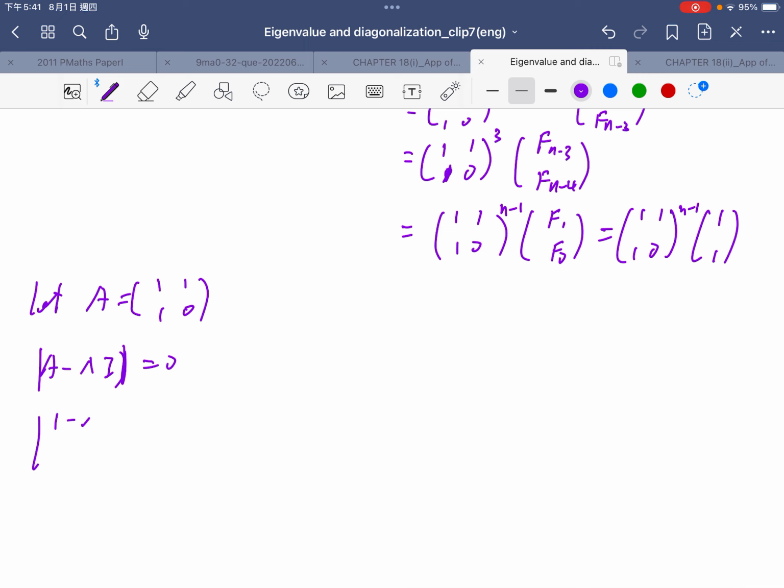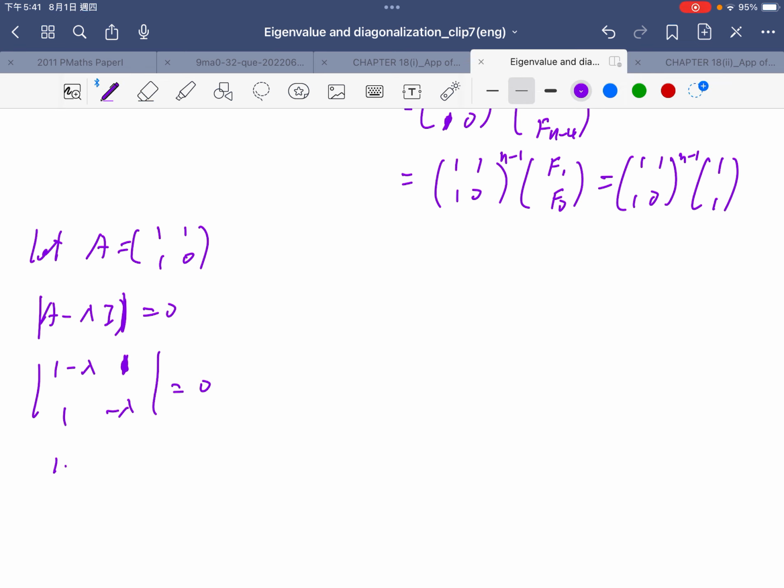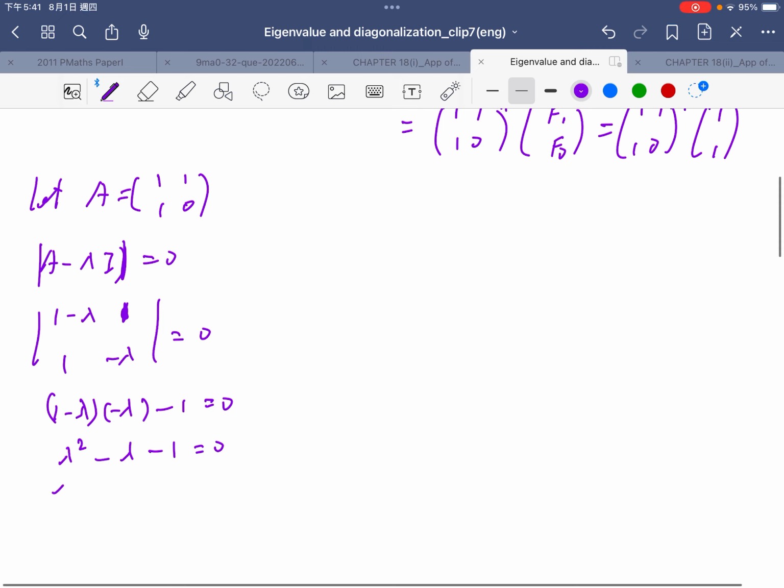That means the determinant of 1 minus lambda, 1, 1, minus lambda equals 0. So 1 minus lambda times minus lambda, minus 1 equals 0. Expand this and it becomes lambda squared minus lambda minus 1 equals 0. Then lambda has 2 roots, 1 plus or minus the square root of 5, over 2.